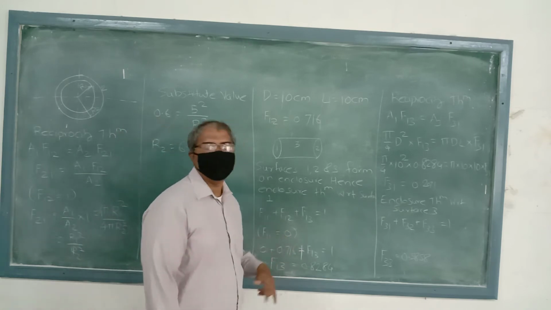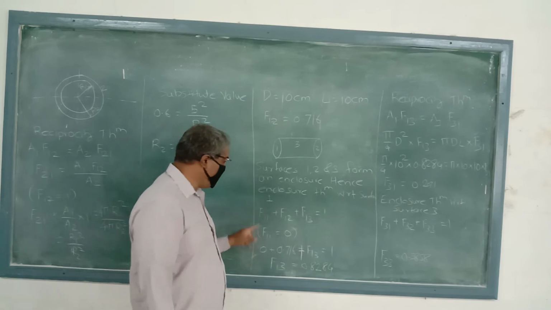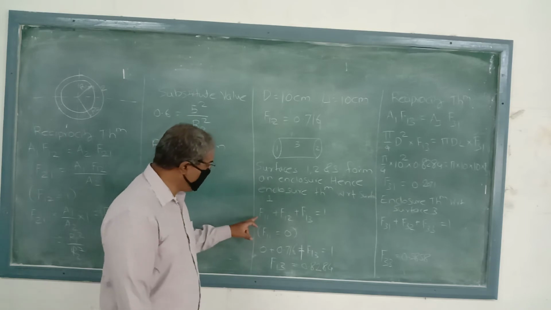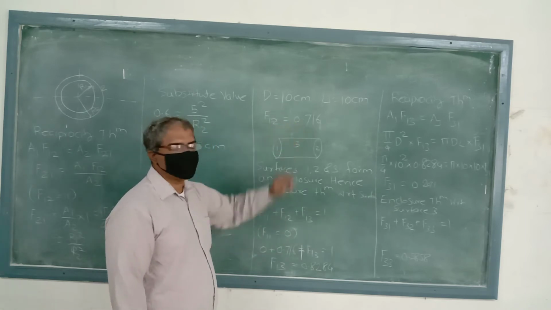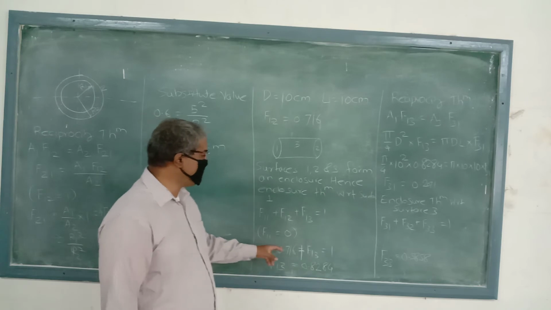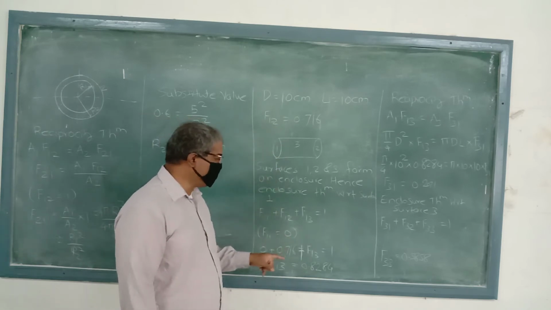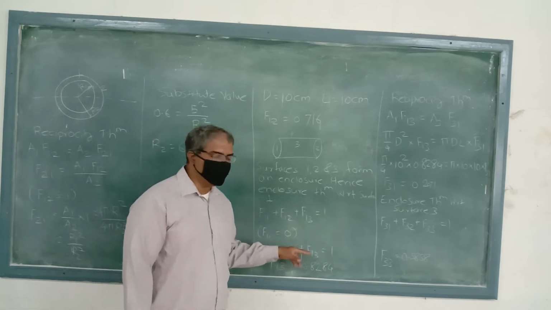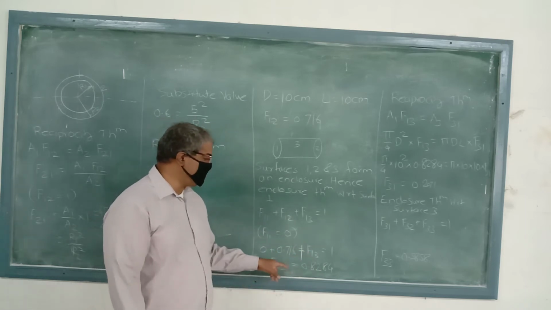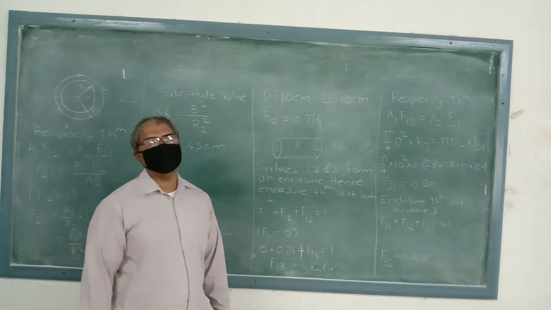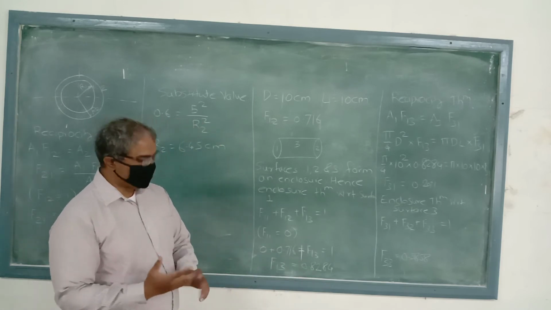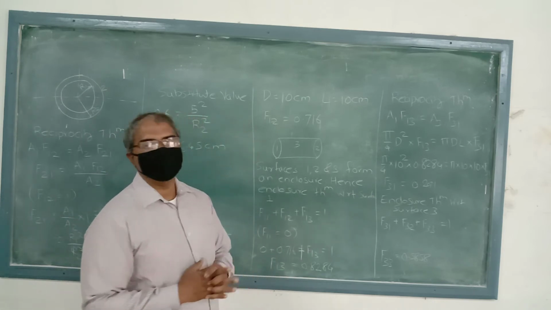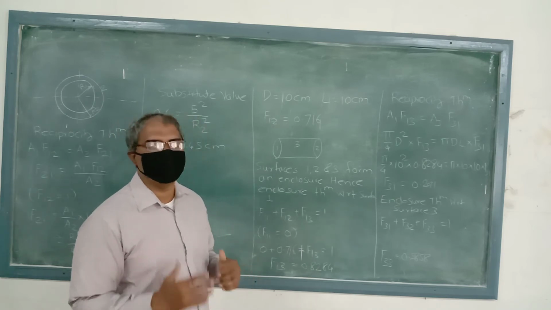So we substitute this value in this equation: 0, plus F1 to 2, which they have mentioned as 0.1716, plus F1 to 3 is equal to 1. After substituting all the values, we get F1 to 3 is equal to 0.8284.